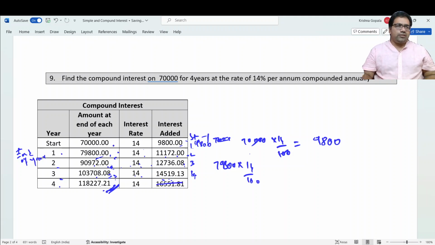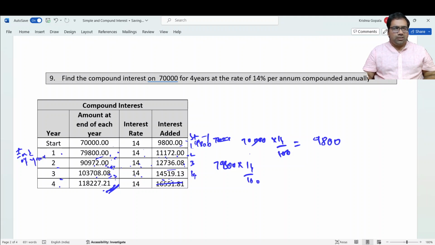Okay, 70,000. The first year you have to pay 9,800. 70,000 plus 9,800 is 79,800. The second year you have to pay 11,172. So at the end of the second year, you have to repay this plus 11,172, which will become 90,972. During the third year, you have to pay this much interest.